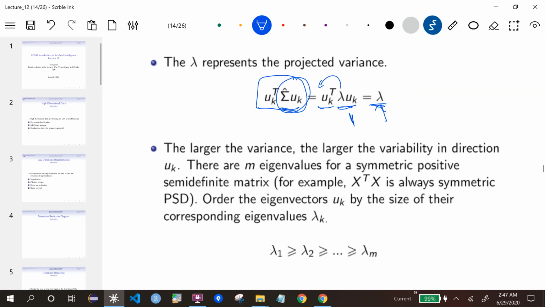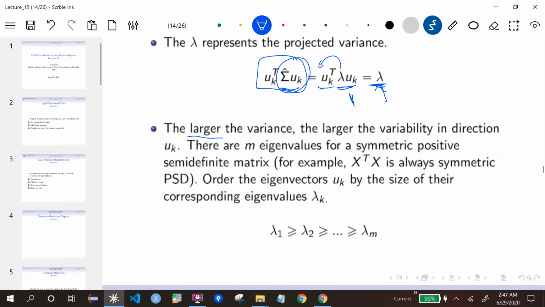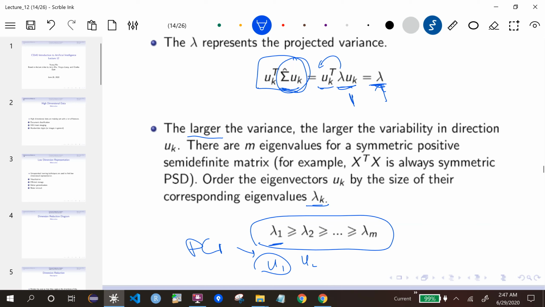So what we want is the largest lambda and the u_k corresponding to the largest lambda. We will list all of the eigenvalues and order them in decreasing order. The largest one corresponds to u_1, and this is our principal component number 1, the direction that captures the largest variation, and this is our principal component number 2, and so on.